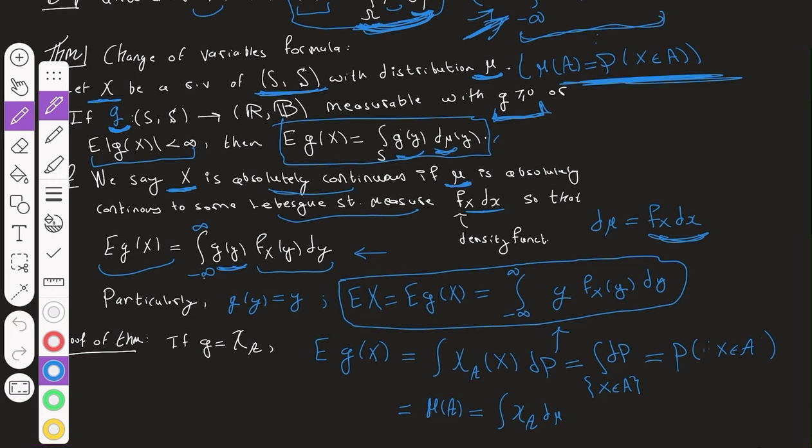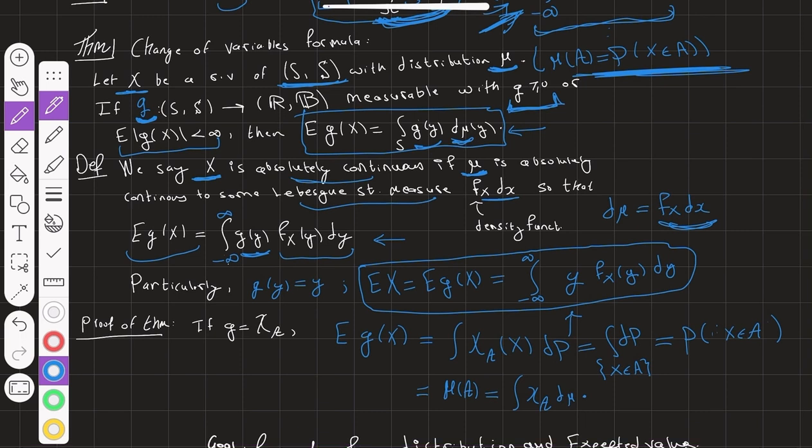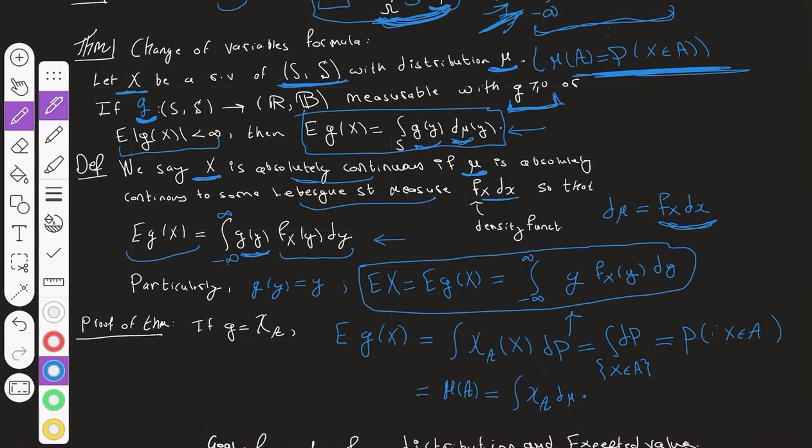So it's the integral on the right hand side, because the integral of this indicator function would be the integral over A d mu, and that would be the measure of A. All right, so this proves it for indicator functions.